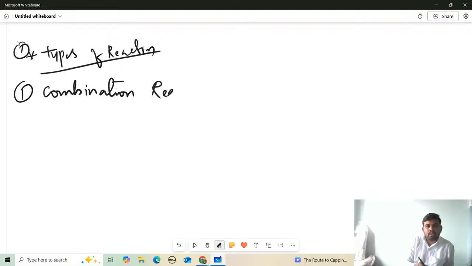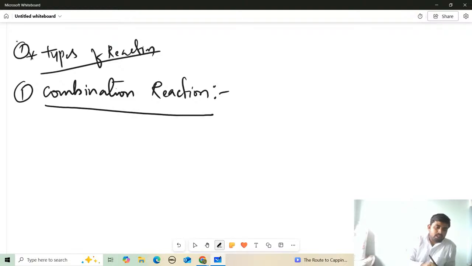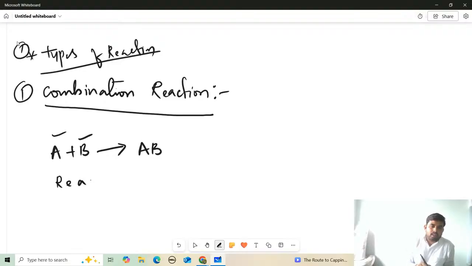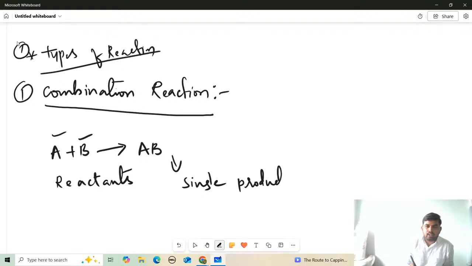In this combination reaction, reactant A combined with reactant B gives rise to the product AB. So you can see here, two or more reactants react to form a single product. Such kinds of reactions are called combination reactions.